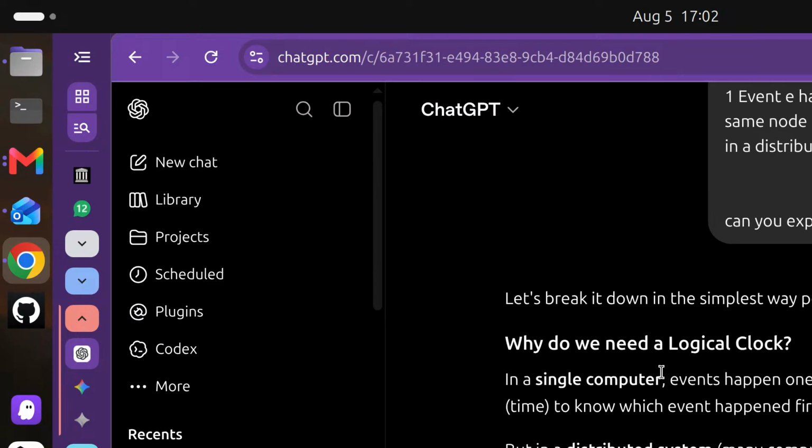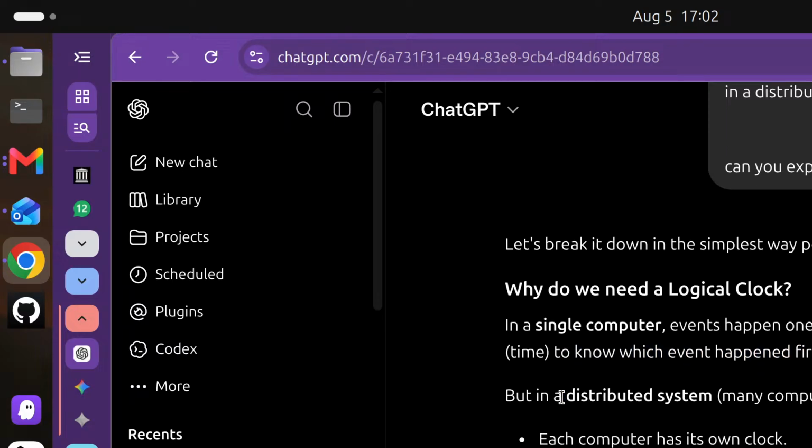Let's break it down in the simplest way possible. Why do we need a logical clock? Because in a single computer events happen one after another, so we can use the system clock time to know which event happened first.